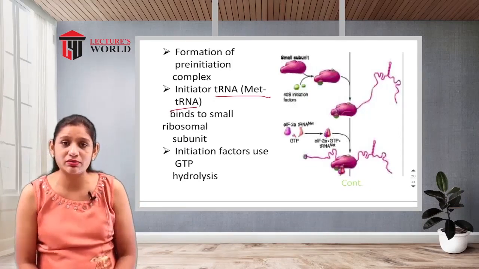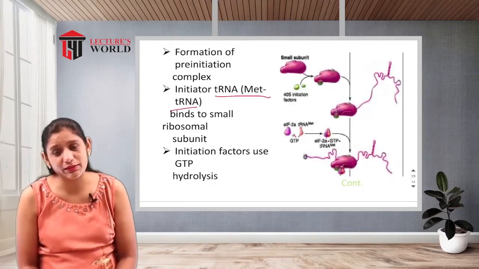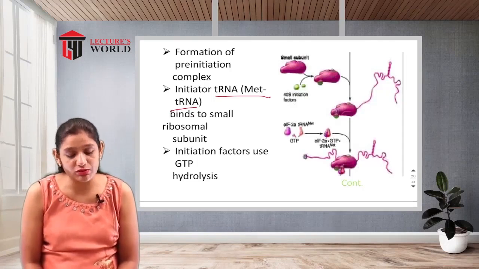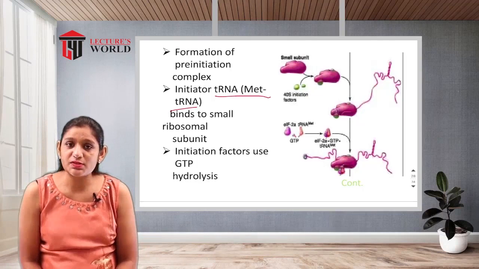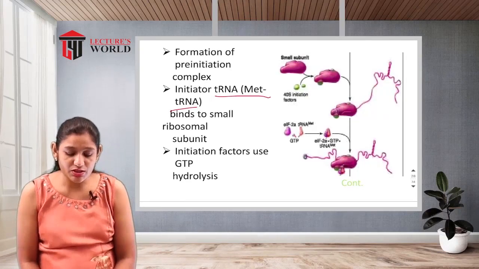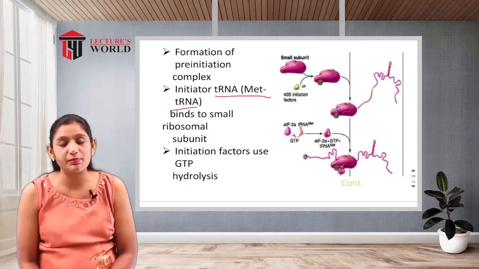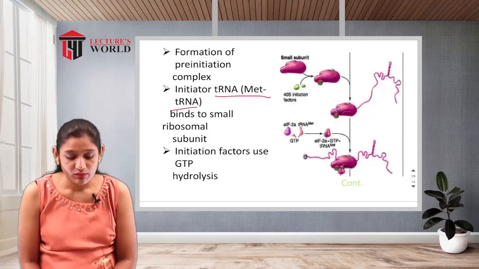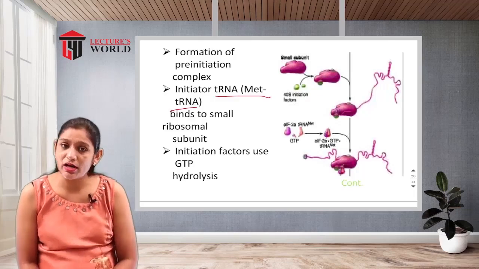Now we are aware of the anticodon, and it binds to the small subunit of the ribosome. Initiation factors are used, with GTP hydrolysis, in this process.